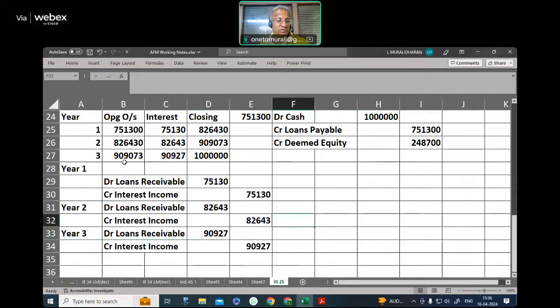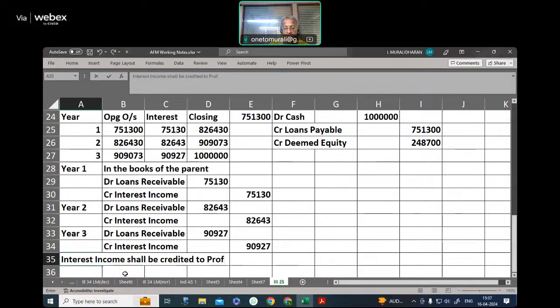So in the books of parent, this is the scheme of journal entries that we have to pass. All these interest incomes are to be credited to profit and loss account.